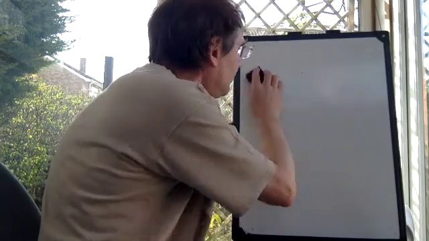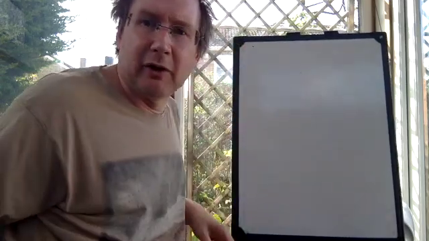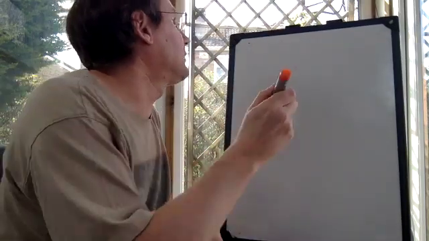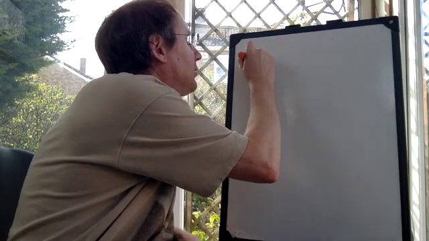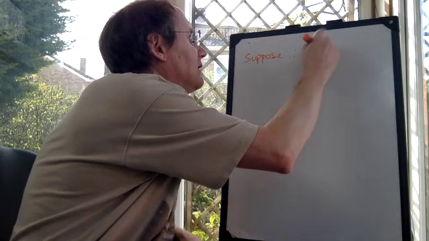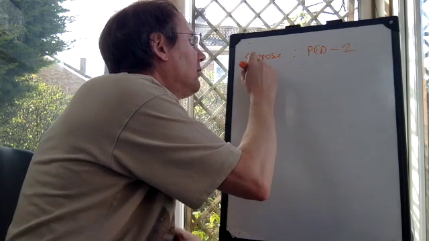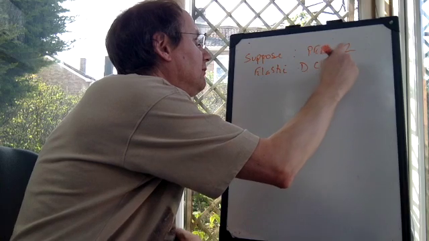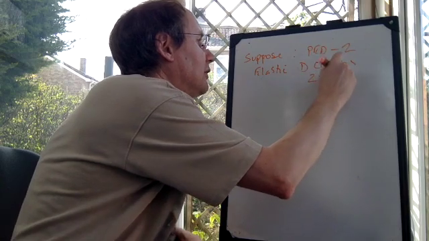So, if we think about the main uses of elasticity, suppose we know that price elasticity of demand is -2. We said that we know that's elastic, and we know that demand changes by 2 times as much as price.